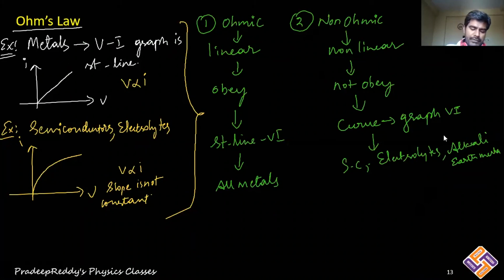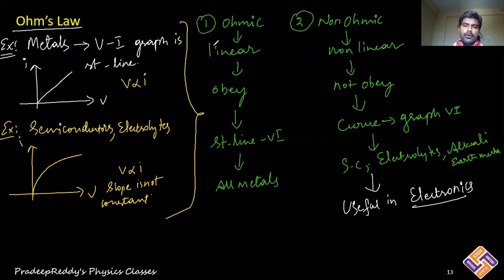Therefore, non-ohmic conductors we generally use in electronic devices. Non-ohmic conductors are useful in electronics, whereas ohmic conductors are useful in electricals. Remember, electricals and electronics are different.